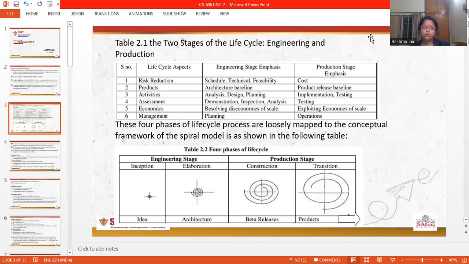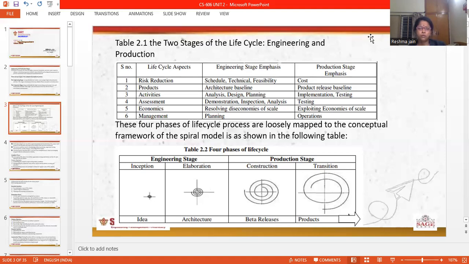Economics in the engineering stage: we can improve our economics by resolving diseconomies of scale, while in the production stage, we can improve our economics by exploiting economies of scale. Management in the engineering stage emphasizes planning, and in the production stage, it emphasizes operations.